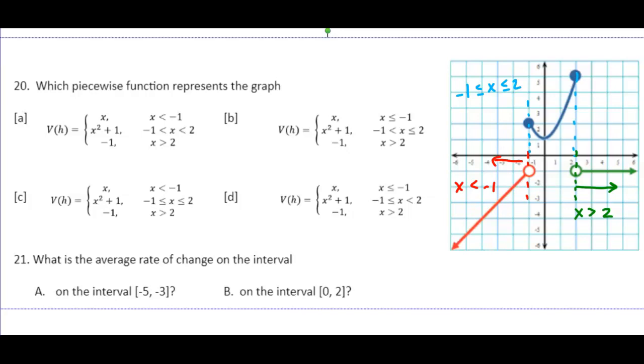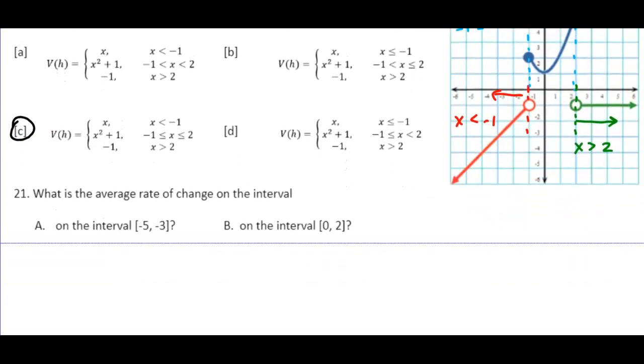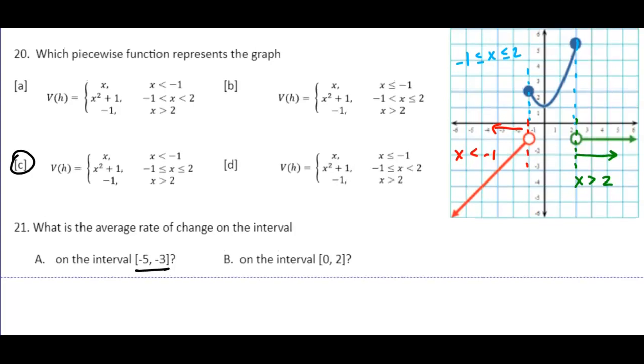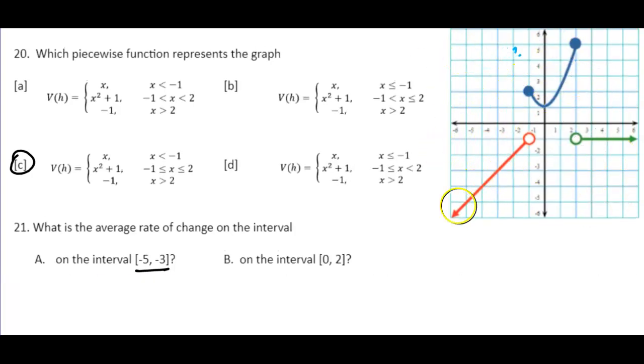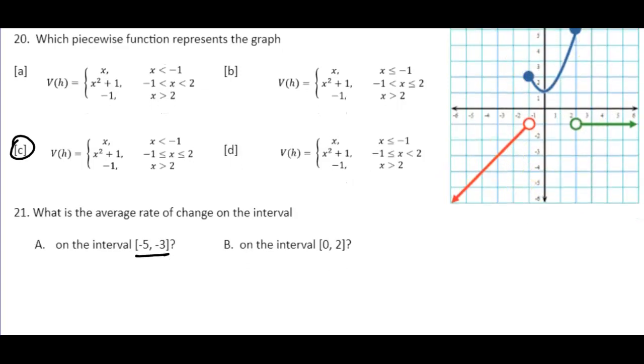Now, with respect to the average rate of change, there's two that we want to calculate. All right, if I look at the interval between -5 and -3, and for the sake of this, I'm just going to erase all of this now that we've used it to figure out the correct equation. That way I have room. If we look at the interval from -5 to -3, -5 is here, -3 is here.